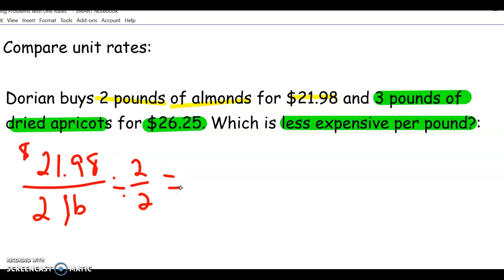All right, and you can use your calculator for this one, which is what I'm doing. You got $21.98 divided by 2 is $10.99. $10.99 for 1 pound, or per pound. Okay, that is for the almonds.